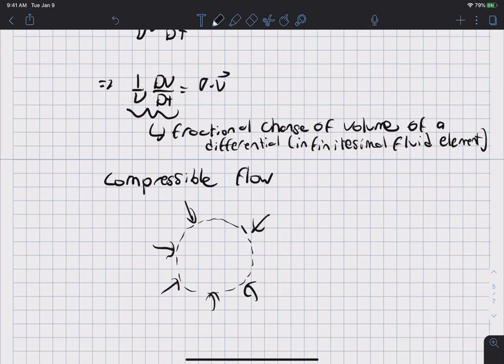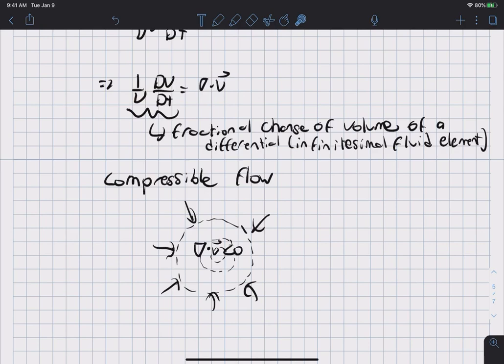Well, for this type of flow, we can show that the divergence of the velocity vector is less than 0. And basically what that means is that the flow is moving inwards like this. And so as the flow is moving inwards, this control volume ring that you'd have to take is getting smaller and smaller and smaller. Okay, and so basically that change of volume is related to the divergence of the velocity.